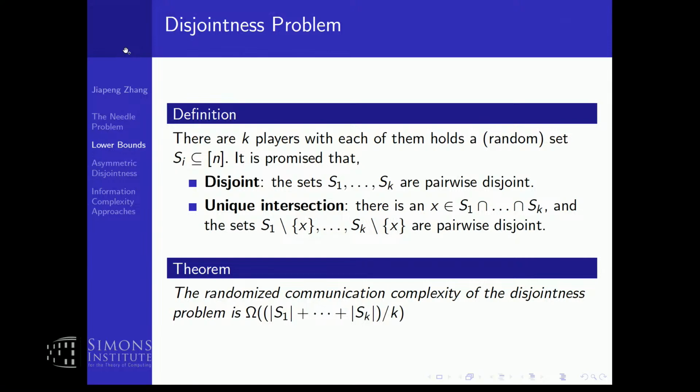So the cost is roughly the size of Si times log n, because each element is an element of n. This is the most straightforward upper bound algorithm. If all of these Si are almost the same size, they reach the lower bound up to a log factor.